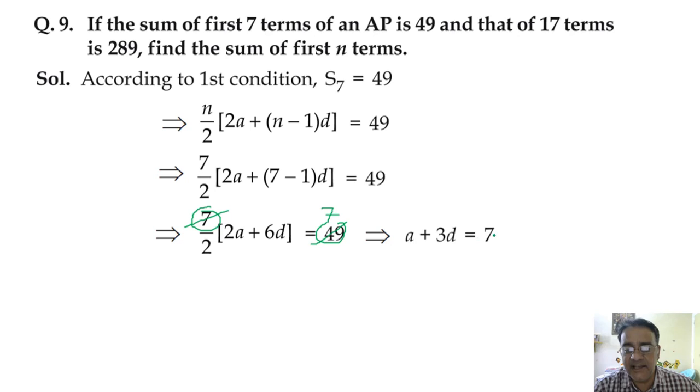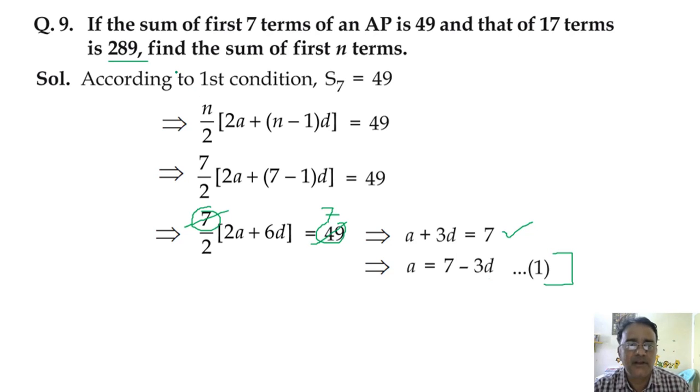So finally, a plus 3d is equal to 7. We will get, let it be the first equation. Now the second condition is S17 is equal to 289. So इससे मैं a को लिखा हूँ 7 minus 3d.